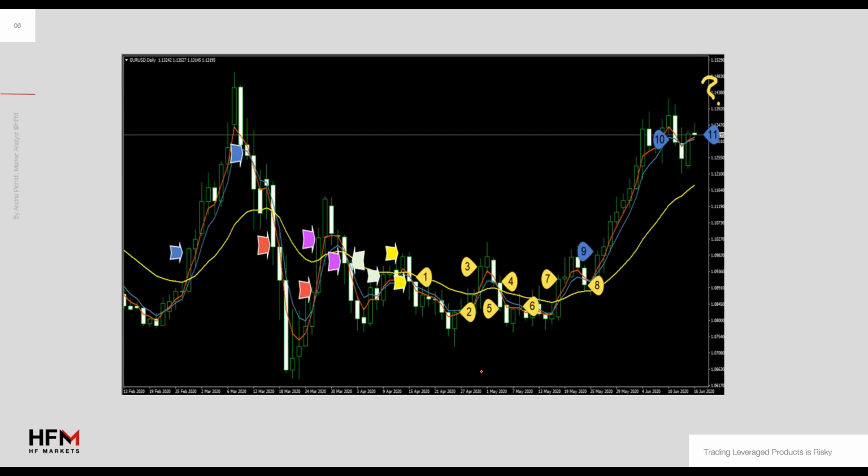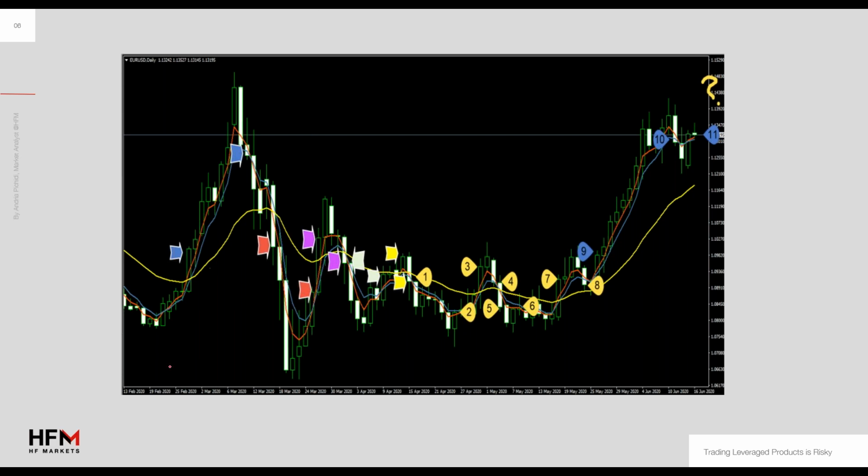So this swing strategy suggests that you can go long when your price action is above the 21 exponential moving average, and you can go short when your price is below the 21 moving average.